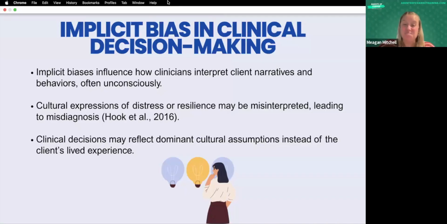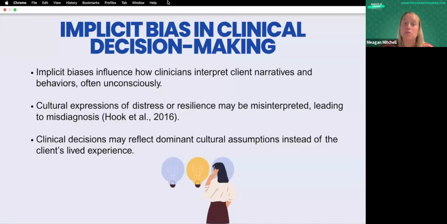What does this lead to? This may lead to some miscommunication, some misattunement, misinterpreted ways of thinking about things. Also, what can this lead to? Misdiagnosis, right? How many times have you had clients say, I've gone to several clinicians and I felt like they just totally missed the mark, right?